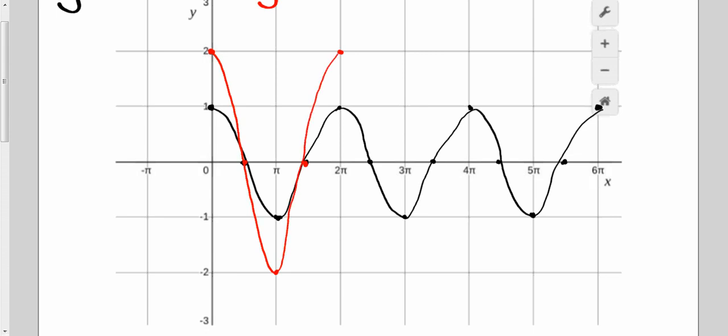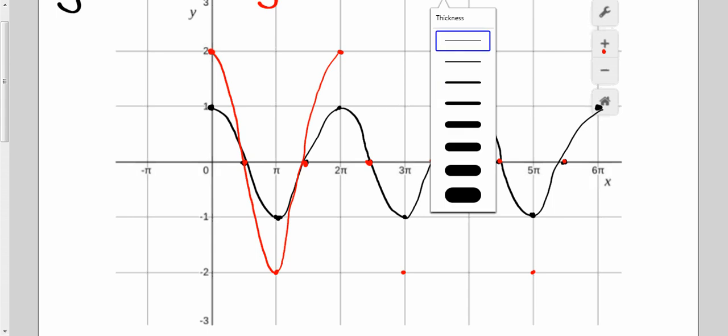And if you look, it's just made the graph taller. It's going to do the same thing from 0 to 2 pi as it will from 2 pi to 4 pi and from 4 pi to 6 pi. So once I continue that trend, it's going to look like this.